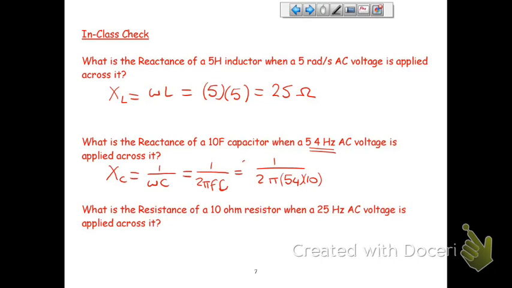So that would be 540, 2 540s is 1080, so this equals 1 over 1080 pi, which is about 1 over 3,000, which is about 3 times 10 to the minus 4. And that's going to be ohms.